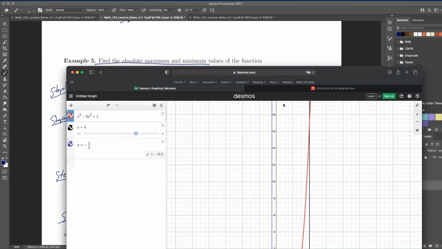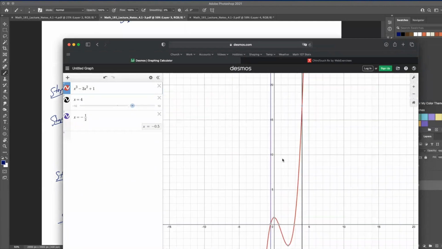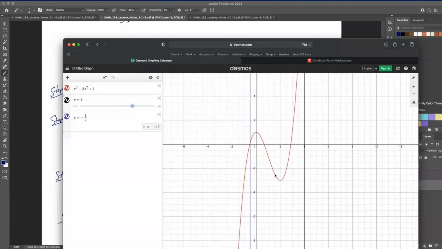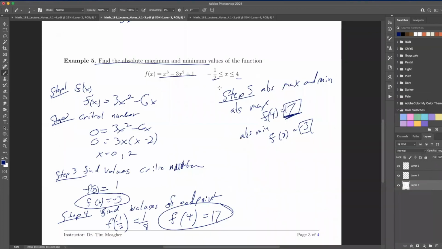So this is our absolute maximum value. And by looking at this, we can see that our absolute minimum value occurs at this local minimum here at 2, -3. And here we have a local maximum at 0, 1. And then here we also have our endpoint at negative 0.5 and 1/8. Did I not write the negative? No, I did. So does that kind of clear it up?